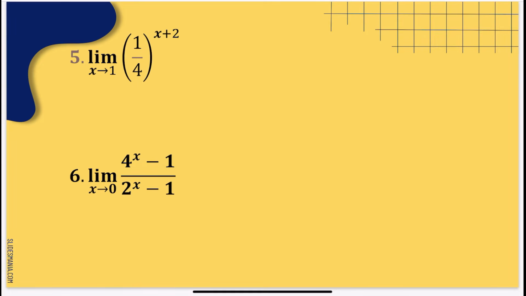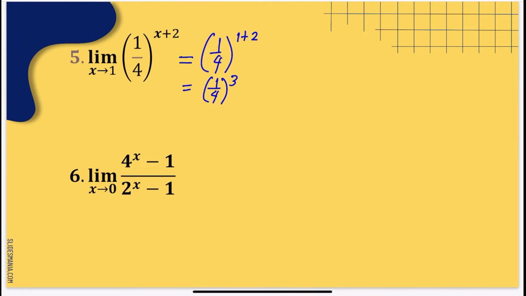Number 5 example. The limit of the quantity 1/4 raised to x plus 2 as x approaches 1. By substitution, x will become 1. The quantity 1/4 raised to 1 plus 2, and this is equivalent now to the quantity 1/4 raised to 3.